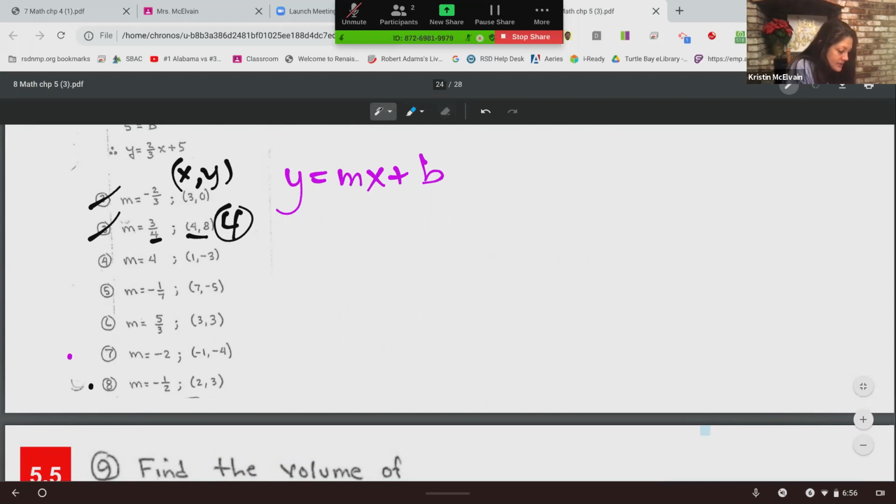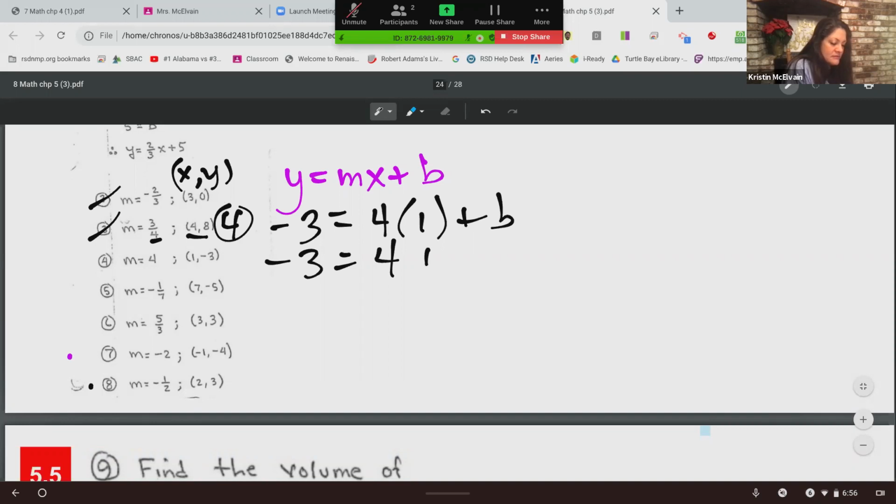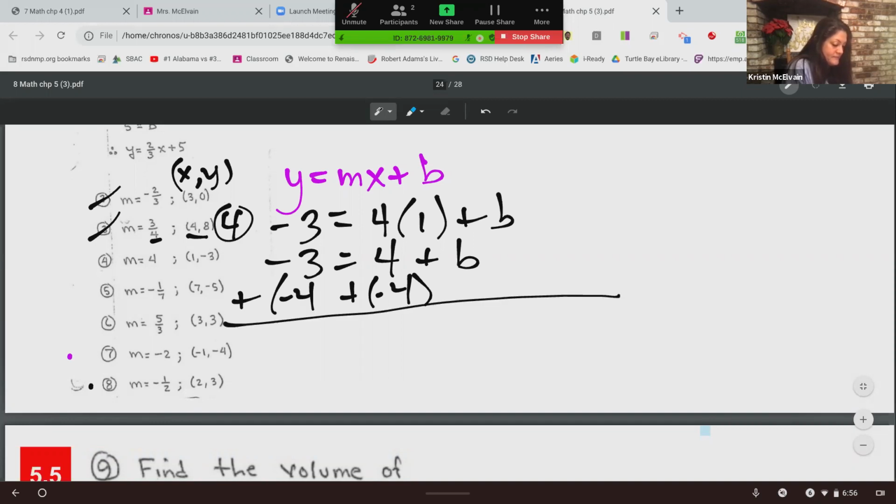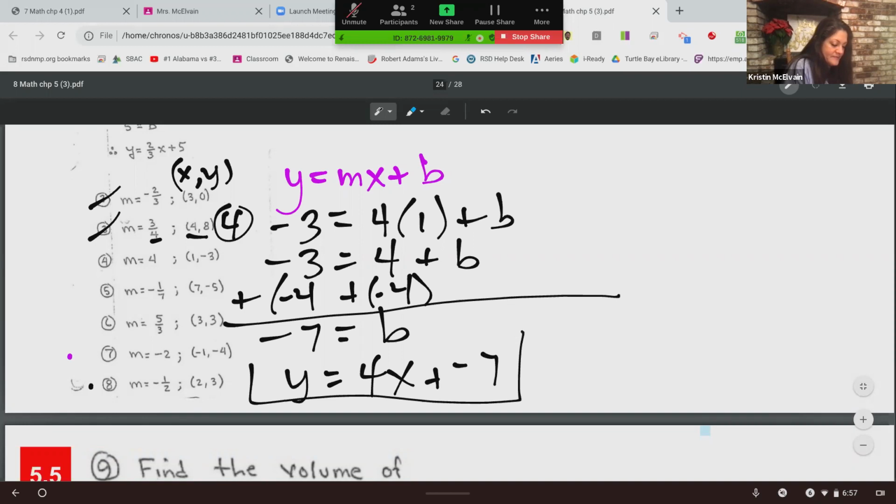So -3 equals 4 times x plus b. Add the opposite to both sides. -7 equals b. So y equals 4x plus -7. Okay, done with 4. Let's make those check marks.